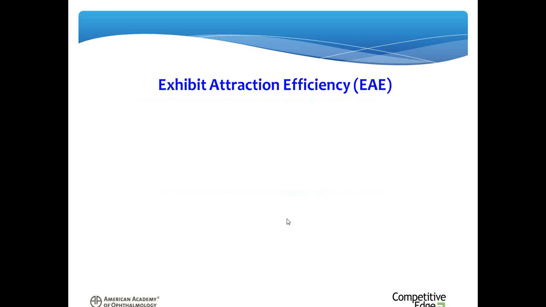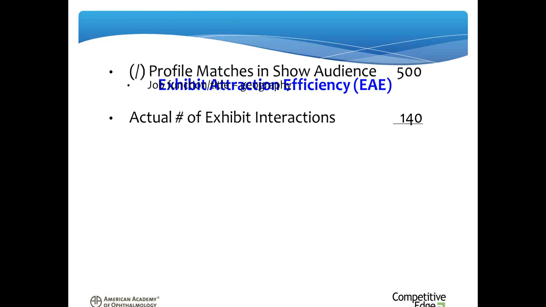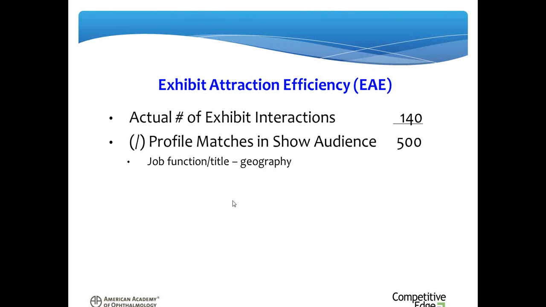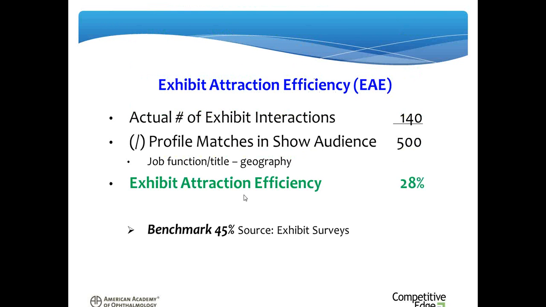All right, next metric, exhibit attraction efficiency. So let's say that I was able to trace 140 interactions, and by studying the demographics and the attendance and everything else, I could estimate that there were 500 dead ringer matches, people in that show audience that were perfect visitors for our booth. Okay, so how did I do?